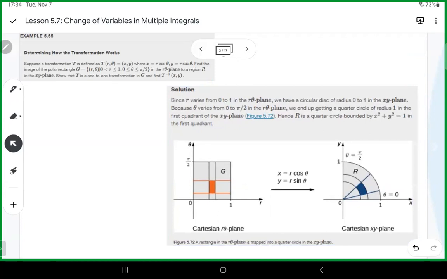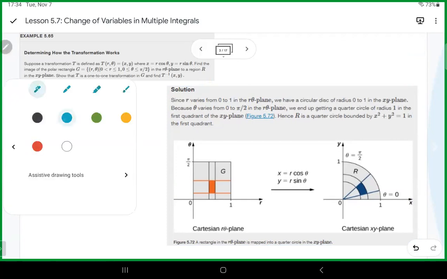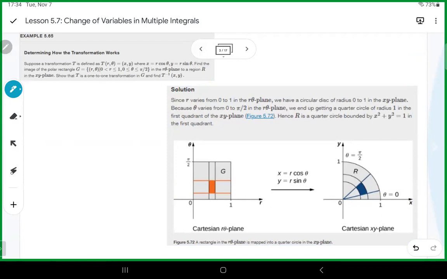All right, so for some of these, it was just easier to copy over the whole solution, but we do have some stuff that we should talk about. In order to show that T is a one-to-one transformation, we have to assume that T(R sub 1, theta sub 1) is equal to T(R sub 2, theta sub 2).